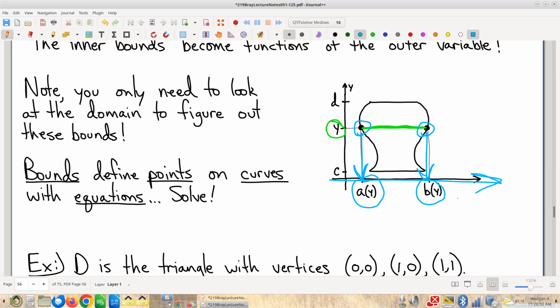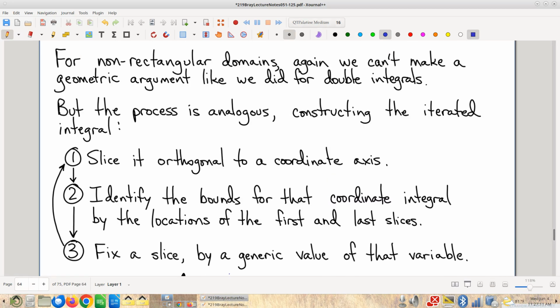And the pattern is going to be the same. It's just 3 variables instead of 2. So 3 iterations instead of 2 iterations. 3-dimensional pictures instead of 2-dimensional pictures. But totally analogous.